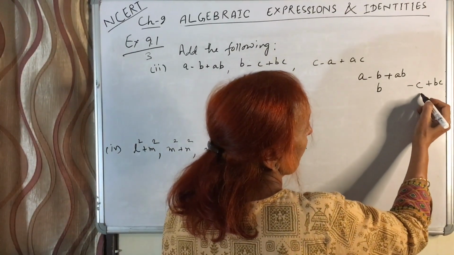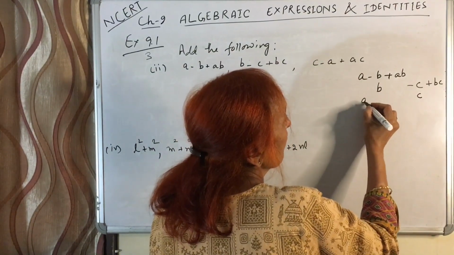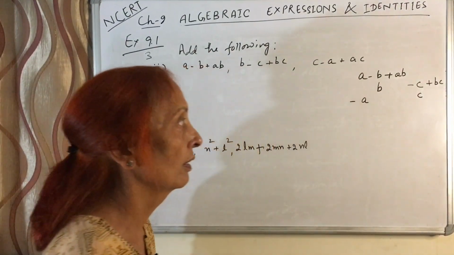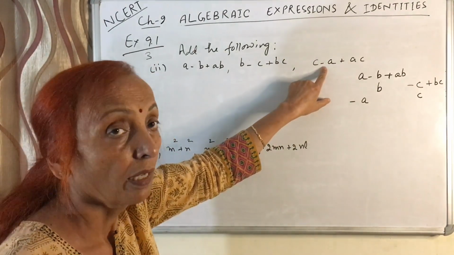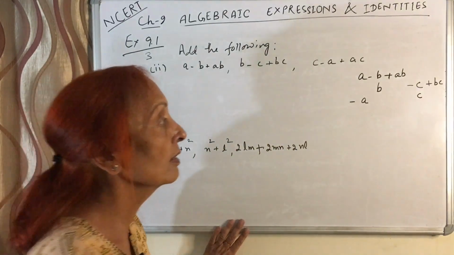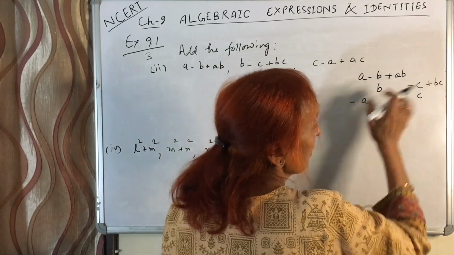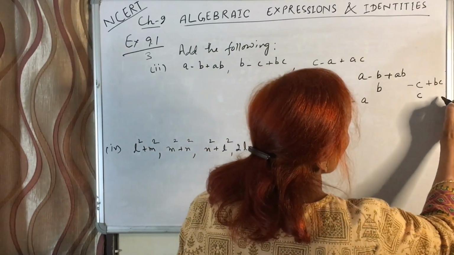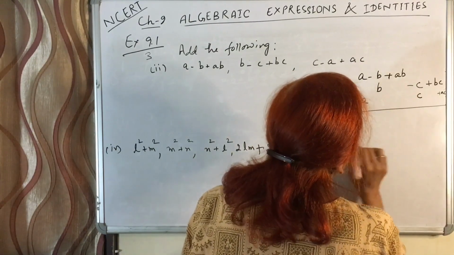C I will write below this, minus a I will write below this. Okay, don't forget to put the sign. If there is plus sign we may not write, but if it is minus we must write. Plus ac. No ac here, no ac here, so I will write ac here, and now we will add.